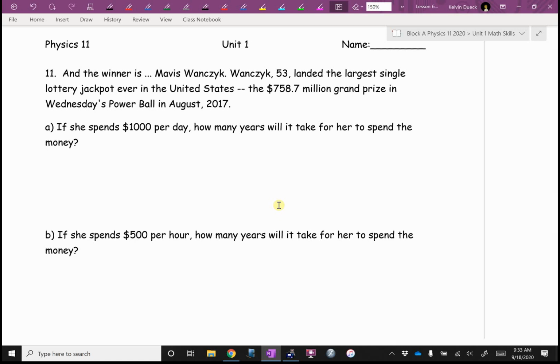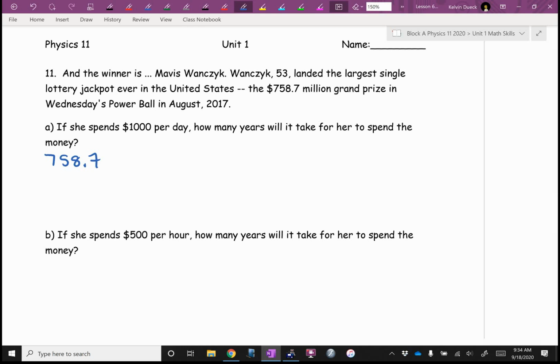I think what I'd like to first of all do is, if you spend $1,000 per day, figure out how many days that's going to take you to spend it. So I'm going to start out by going 758.7 million. How many zeros gives you a million?